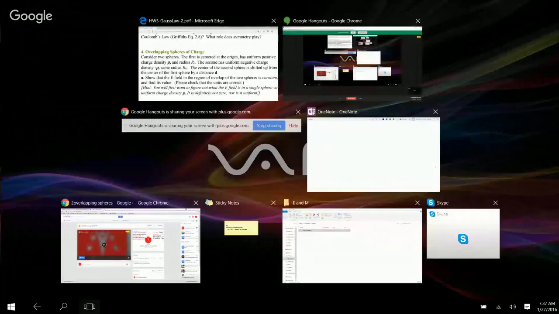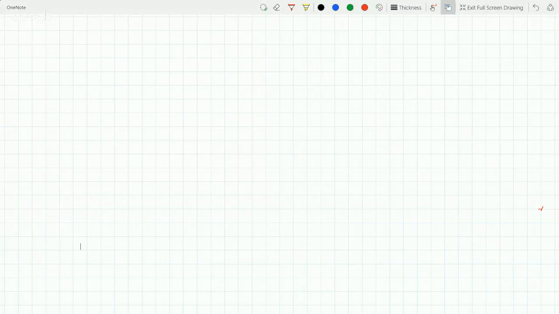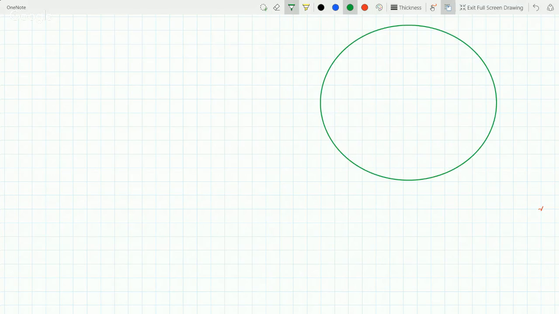Okay, let's go to the pad. So here we have a scenario where we have two spheres. And let's put the second sphere here. Let's say this red one is centered here, and this green one is centered here.